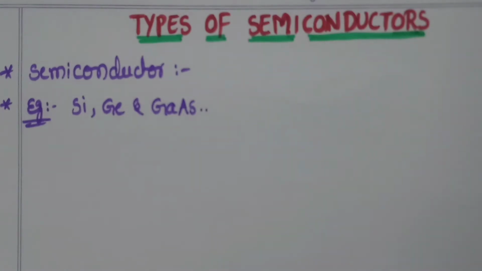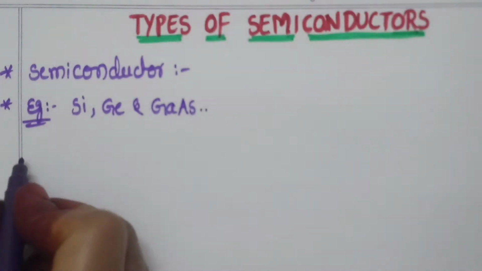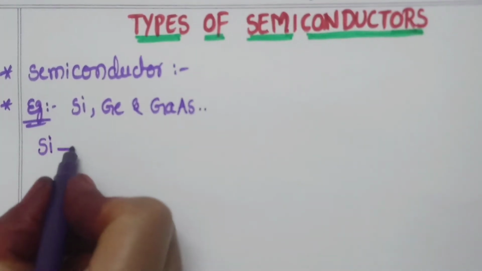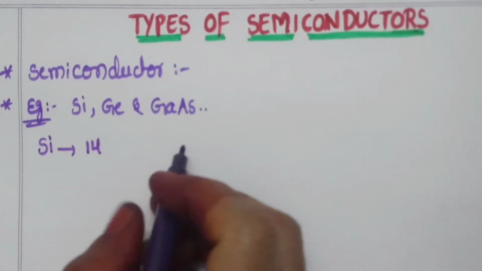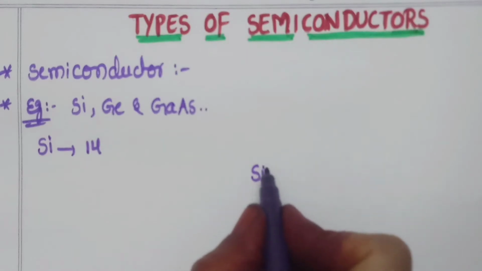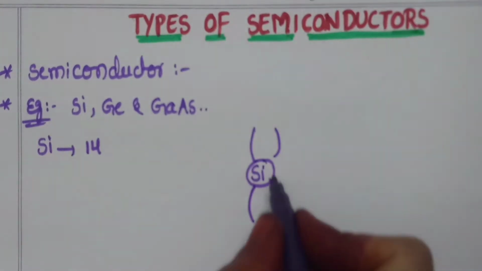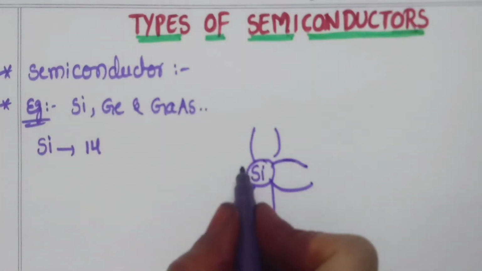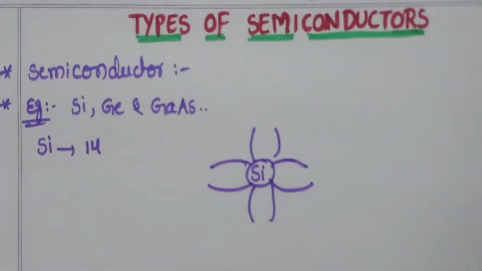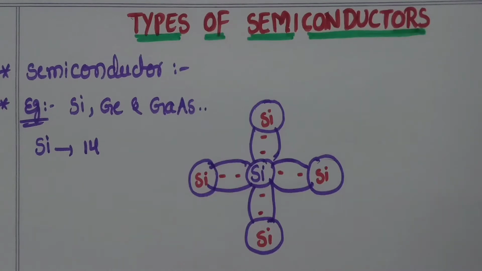First of all, let us draw the silicon structure first. Silicon, its atomic number is 14, so it can be drawn like this. Let us consider the silicon atom. If there are 4 such silicon atoms, they are bounded like this structure.